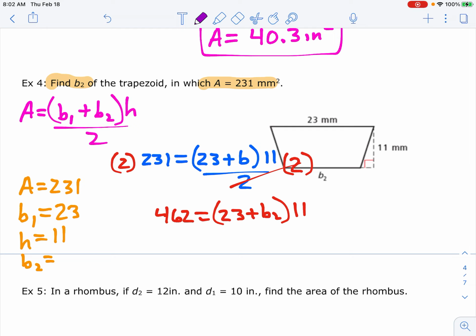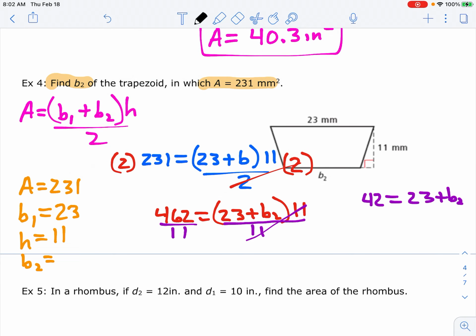So instead of multiplying them, what I can do is I can go ahead and divide both sides by 11 to get that number out of there. You could have distributed and solved. You'll get to the same answer, but I'm going to divide by 11 to get it out. And I'm going to move to the side to write what it turns into. 42 then, when I divide it, is equal to 23 plus B2.